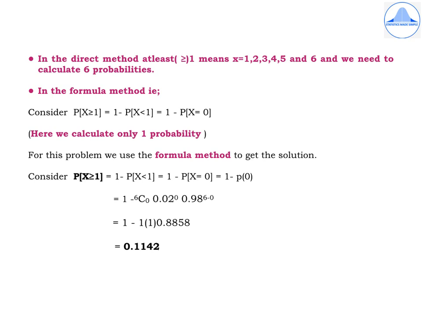Now to calculate p of 0, in the PMF wherever you have x, replace it by 0, and the equation reduces to 1 minus 6C0, 0.02 to the power 0, 0.98 to the power 6 minus 0. Remember that 6C0 is 1. Any number to the power 0 is 1. On further simplification, the final answer is 0.1142.